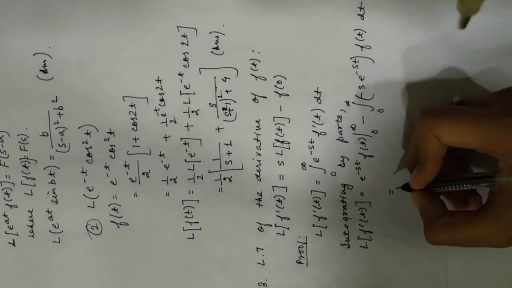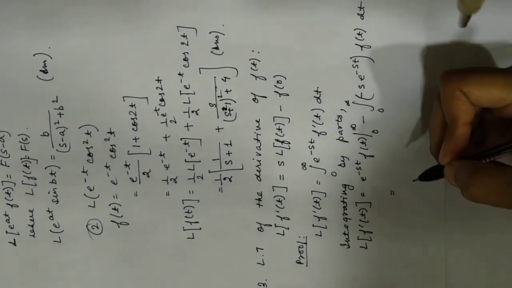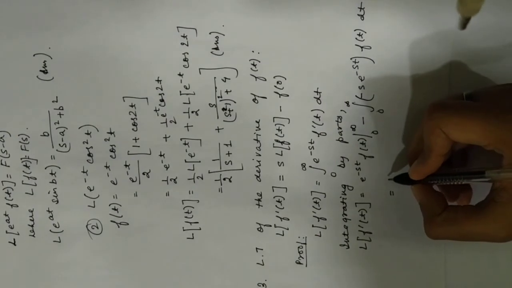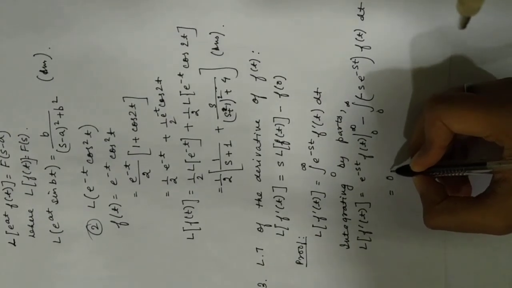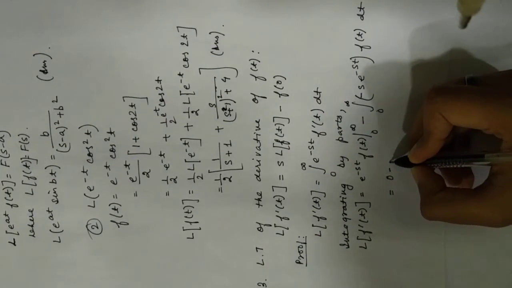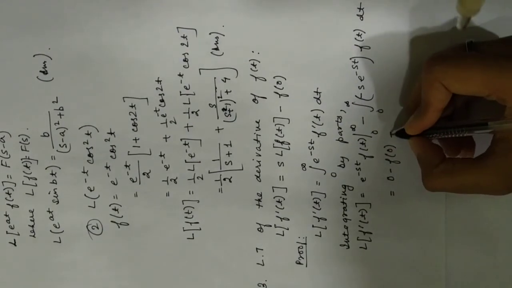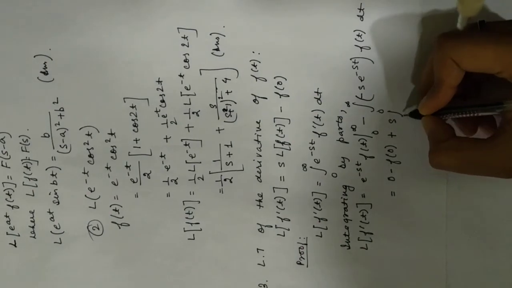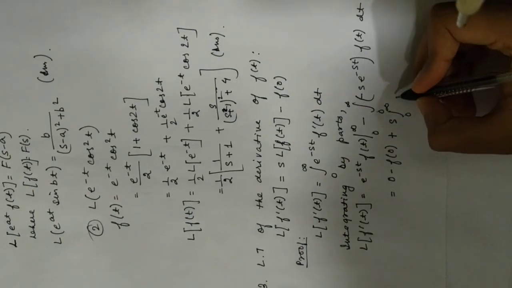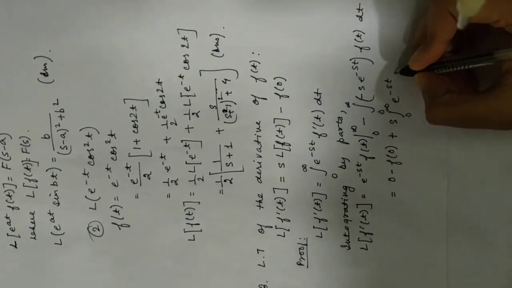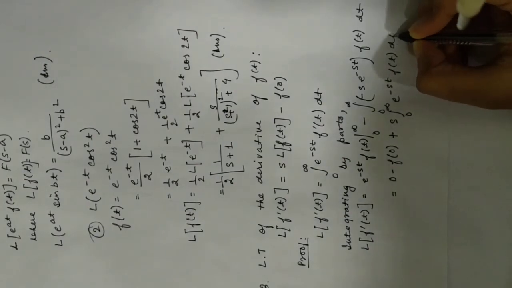Okay, if you put the integral limits over here, you get 0 minus f0, right? And a minus comes out, so it becomes plus s, and from 0 to infinity, all we are left with is this f t dt.